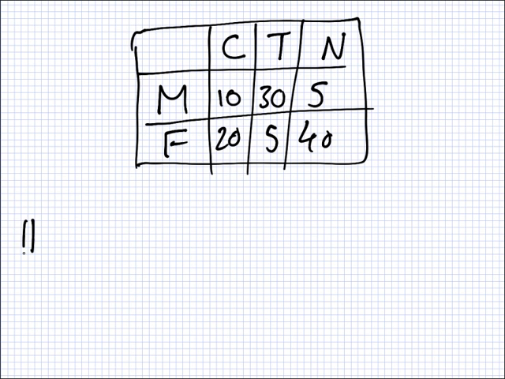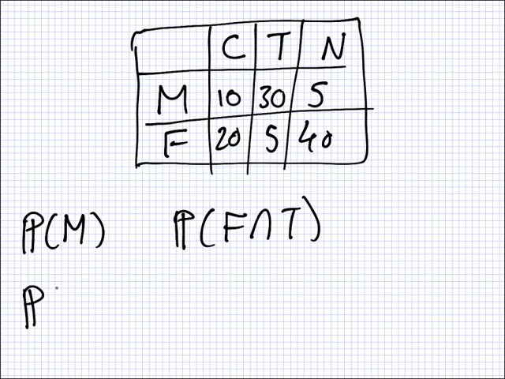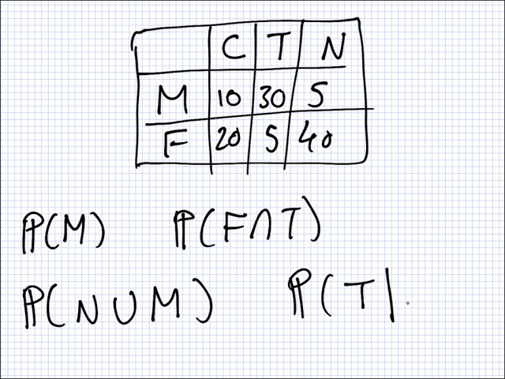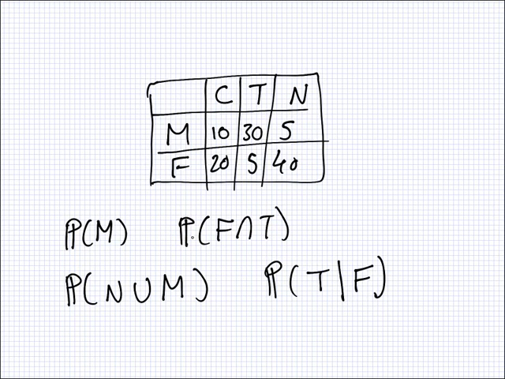So I want probability male, probability female and tea drinker, probability that the person drinks neither, or that they're male, and then finally the probability that they're a tea drinker given that they are female. I just want to make sure you got a handle on this. Give me those 4 calculations, please.